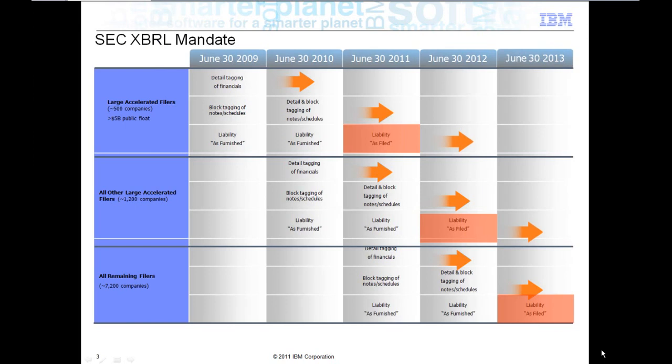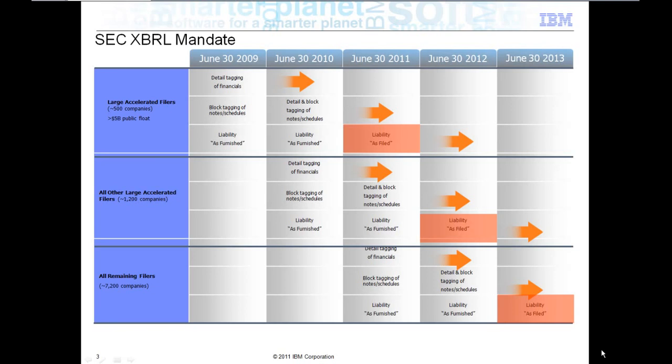So let's take a look at the timeline for the SEC's XBRL mandate. Here we can see that it is well underway, and the idea is that depending where you are and depending on the size of your organization, the XBRL mandate may have had a different timeline for you.